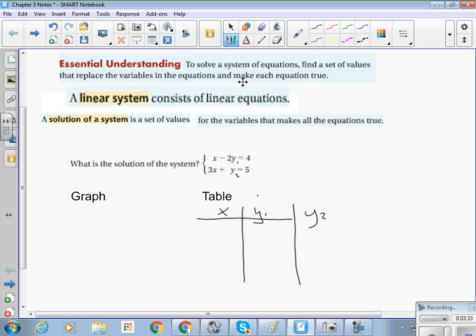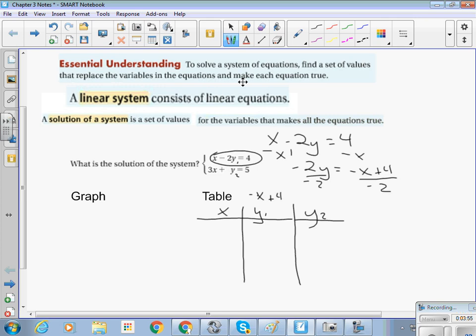So I'm going to go ahead and do that. I'm going to solve this equation for y, because if I'm plugging in an x value, so first let's plug x. So this is negative x plus 4 over 2.